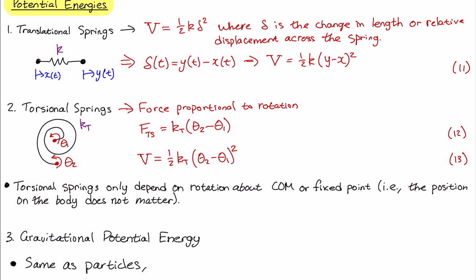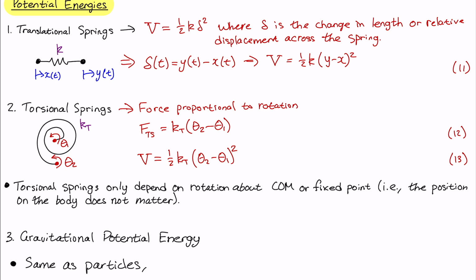Yeah, so in general, torsional springs are going to depend on the rotation of the rigid body itself, about the center of mass, or if it's rotating about a fixed point, then it's going to depend on the rotation of that fixed point. And what that means is that the position of this torsional spring on the body does not matter specifically. It does not matter where you put it.